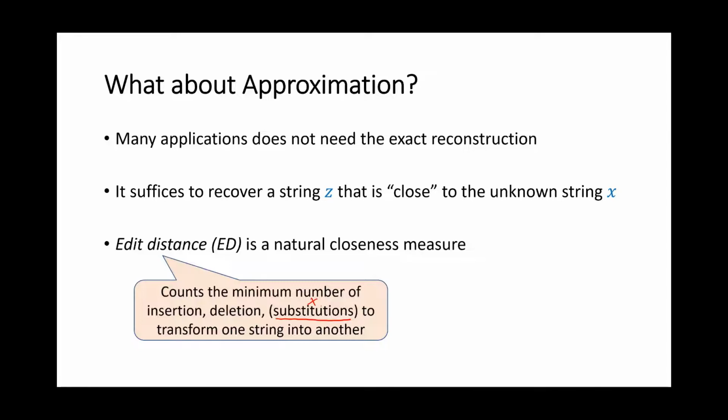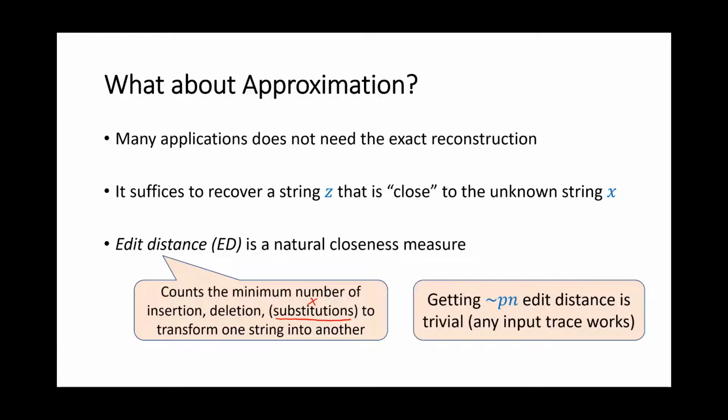So now what can we say about approximate trace reconstruction? Well, one trivial observation is that if we output one of the input traces, then that will be close to the unknown string. And how close? It will be of edit distance at most roughly pn, because p is the noise parameter.